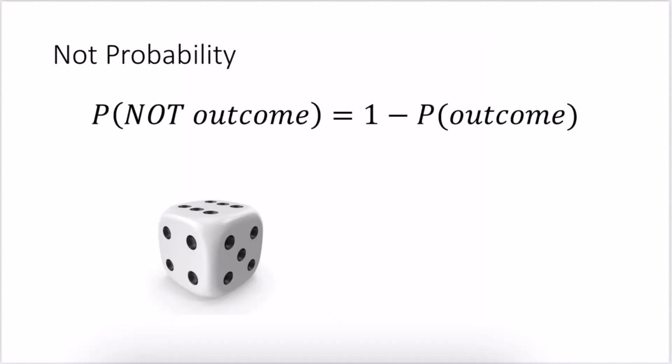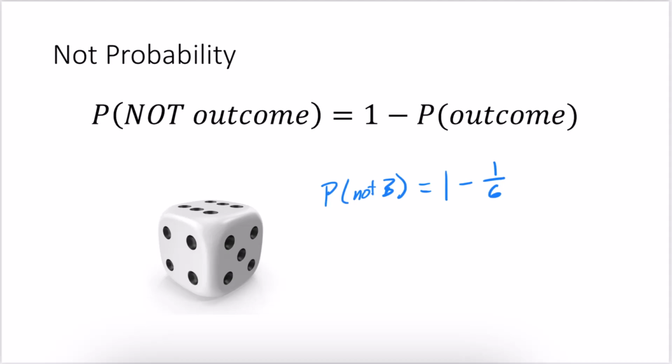All right, so at the beginning of this unit, we talked about how to calculate not probability. Say, for example, you rolled a die and you wanted to find the probability of not rolling a 3. The way that you could calculate this is you could just do 1 minus the probability of rolling a 3, because the probability of rolling a 3 is 1 out of 6.